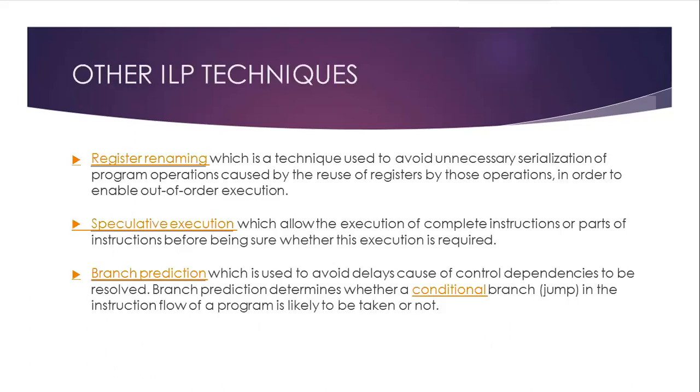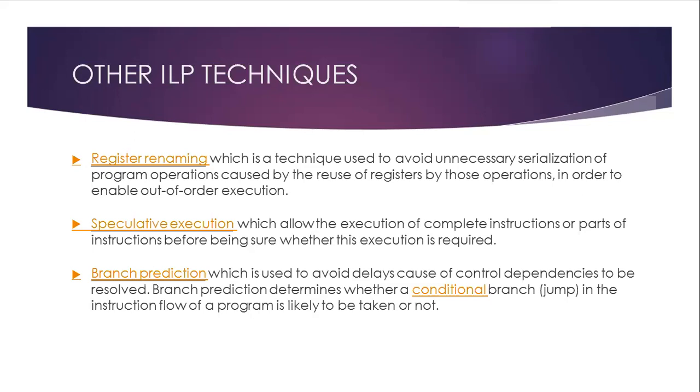The other ILP techniques are register renaming, speculative execution, and branch prediction. Register renaming is a technique used to avoid unnecessary serialization of program operations caused by the reuse of registers by those operations.